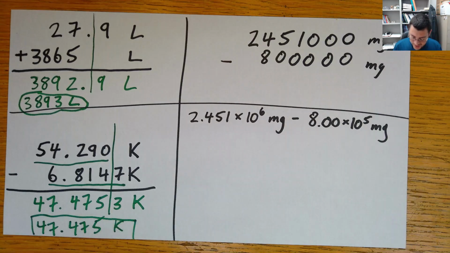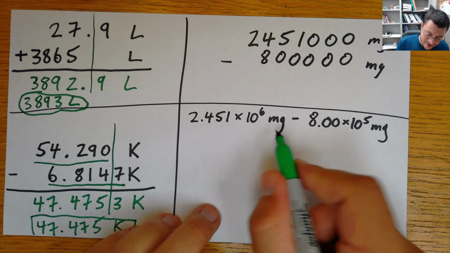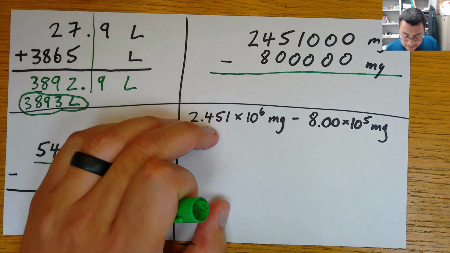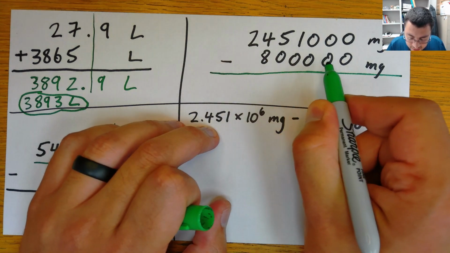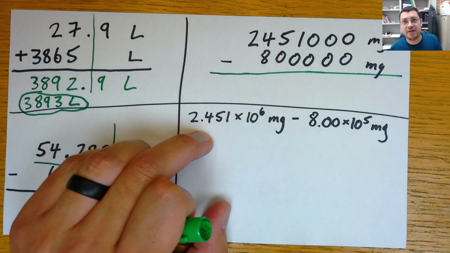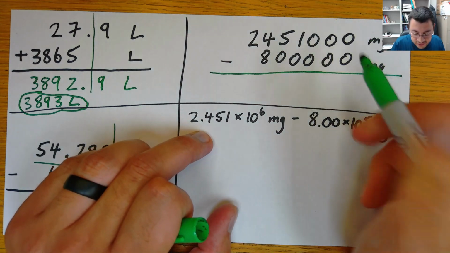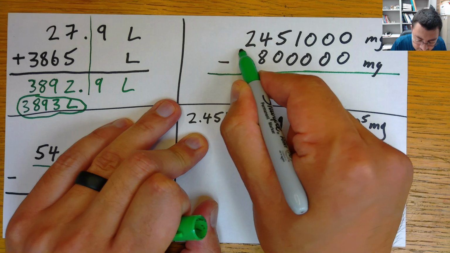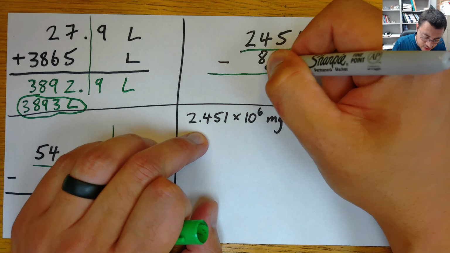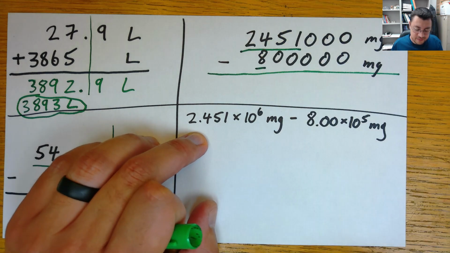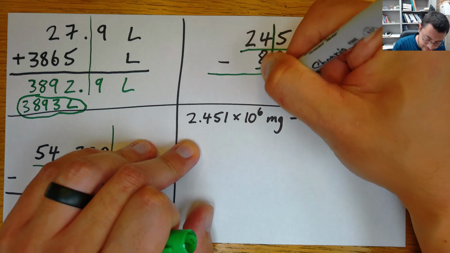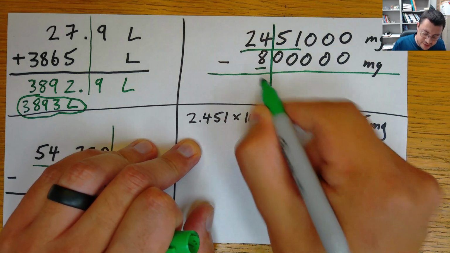All right, so this next problem, let's see if I trip up anyone. So here we have a bunch of trailing zeros, but there's no decimal point present in either measurement, which means for this first measurement, our sig figs will end there, where that 1 is, and the second measurement only has 1 sig fig, which means our sig figs are going to end in this place.